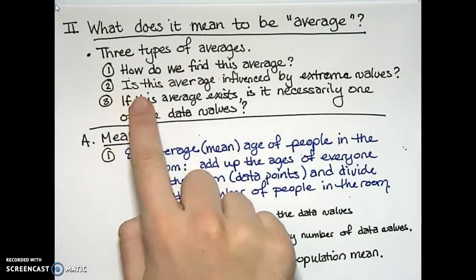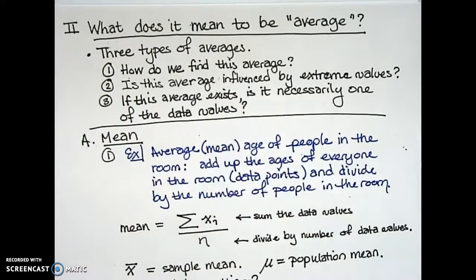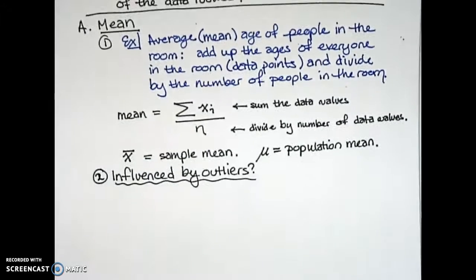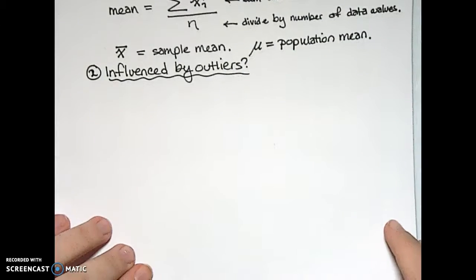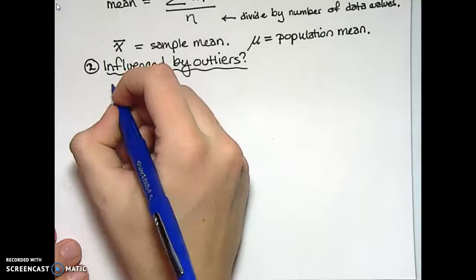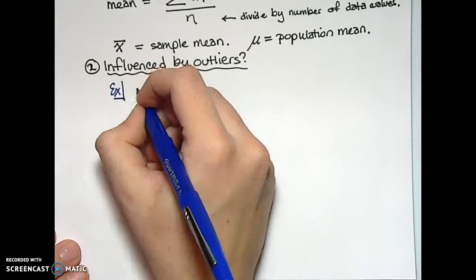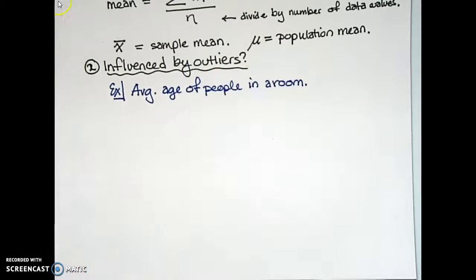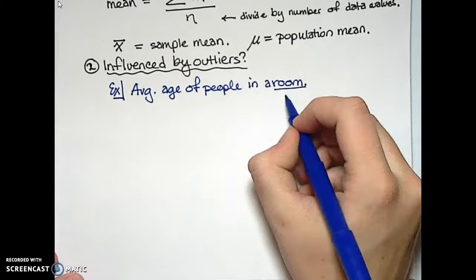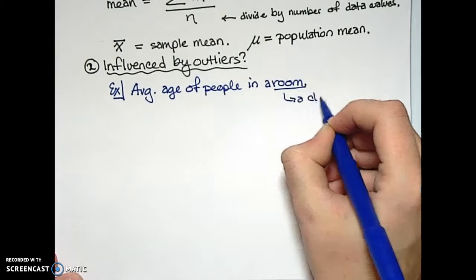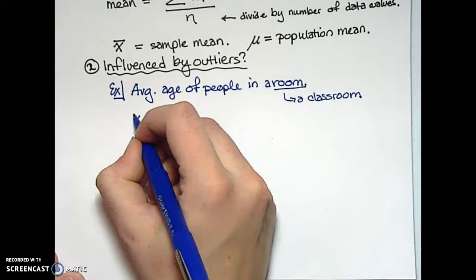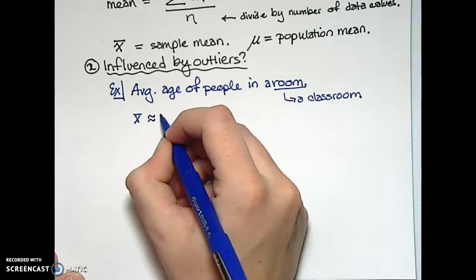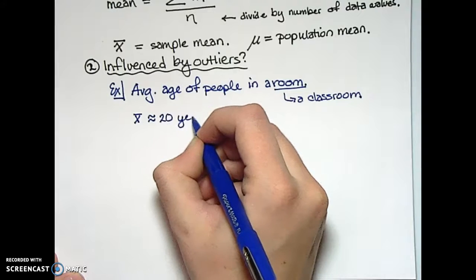So now let's answer the second question. Is the mean influenced by extreme values, or what we call outliers? To answer this question, let's return to the example of the average age of people in a room. If the room in question is a classroom, then the average age is probably something like, we'll say, 20 years old.